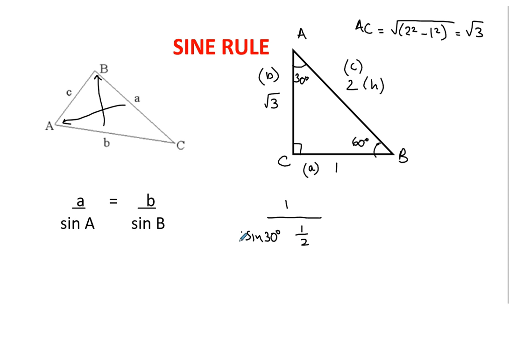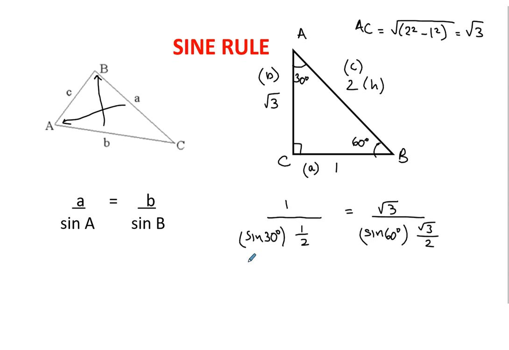So we've got 1 divided by a half will be equal to B, which is surd 3, divided by sine 60, and sine 60 is actually surd 3 over 2. Please watch the videos on the exact values, because at GCSEs, in the 9-to-1 board, you actually have to know these off by heart.